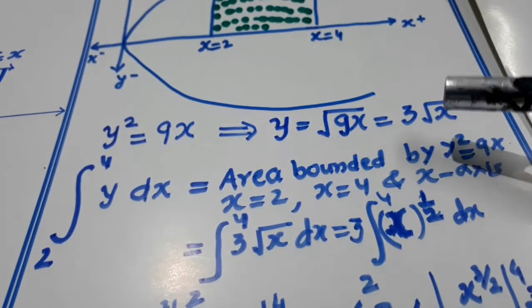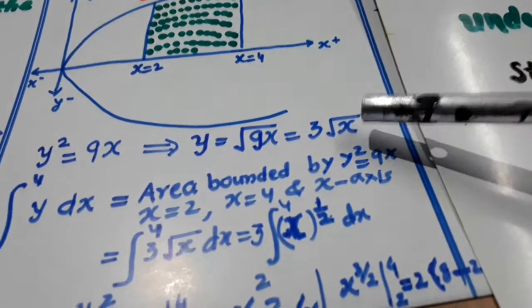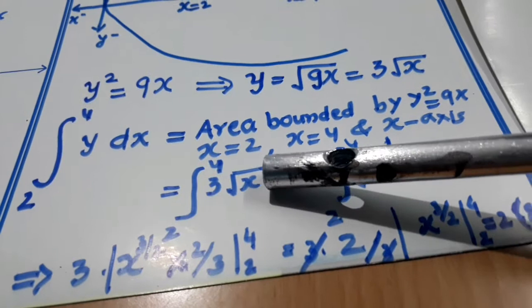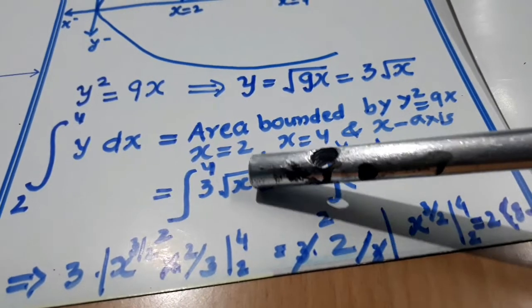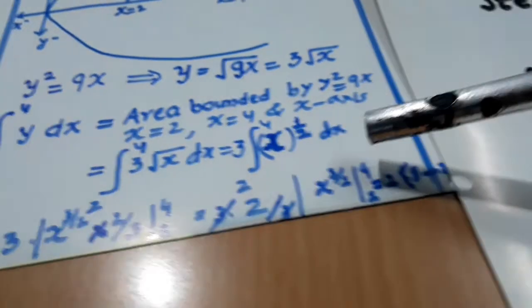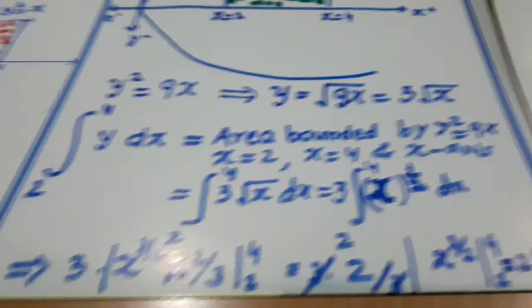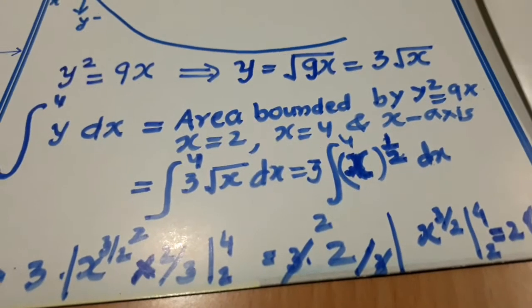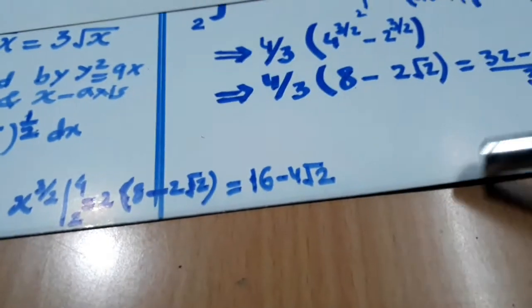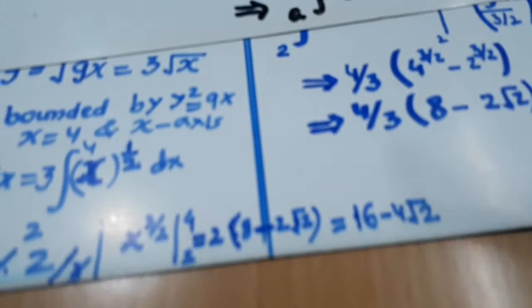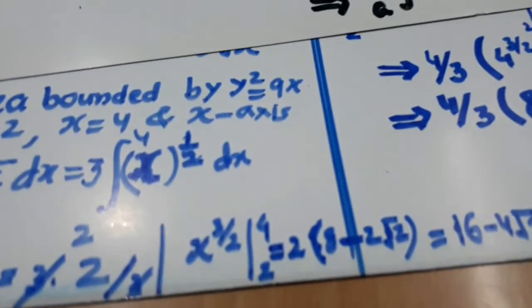Find the value of y. The value of y will work out to 3 root x. Substitute here y dx, 3 root x dx. On substitution, we will find that the answer comes to 16 minus 4 root 2. Now let us go to the third question.